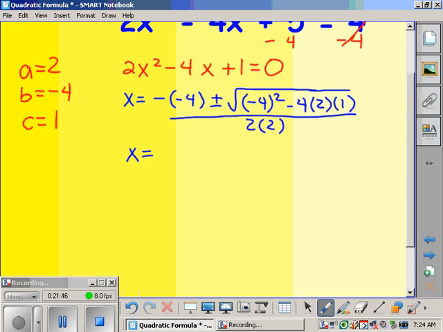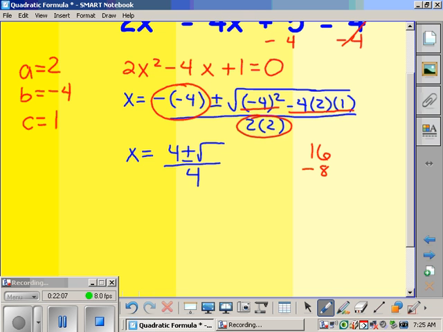Okay, so once we simplify the negative negative 4 and then the denominator, we have 4 plus or minus a radical over 4. Then under the radical, negative 4 squared, or negative 4 times negative 4, is 16. Negative 4 times 2 times 1 is negative 8. And 16 minus negative 8 is 24.